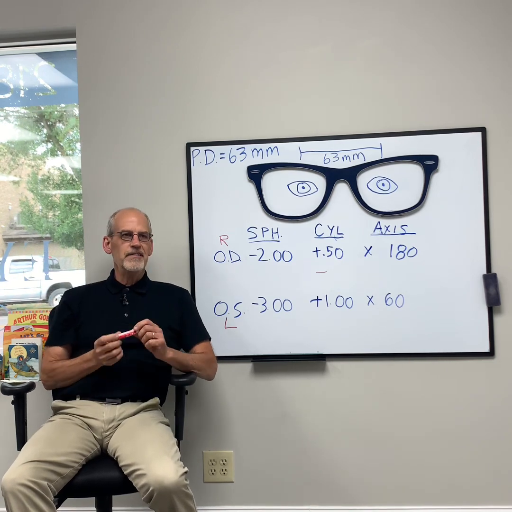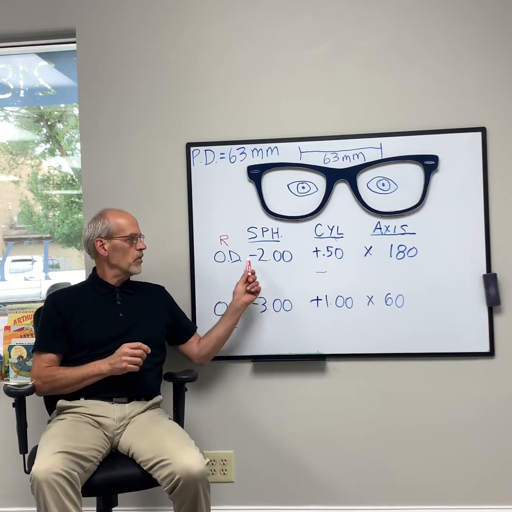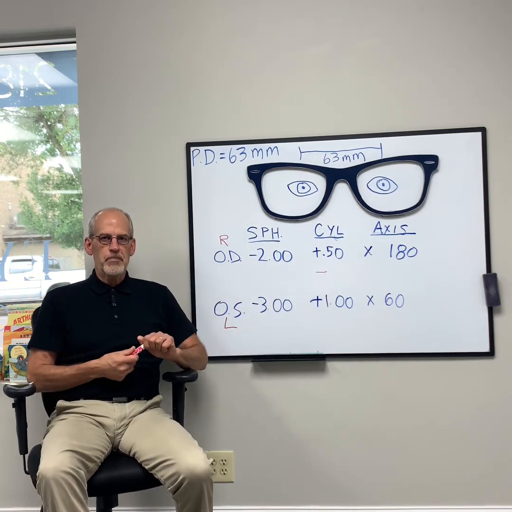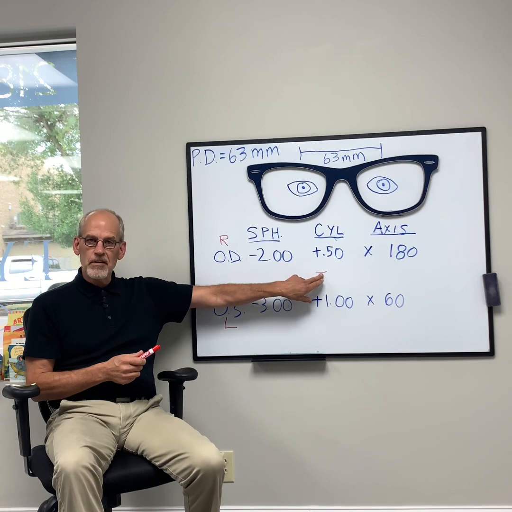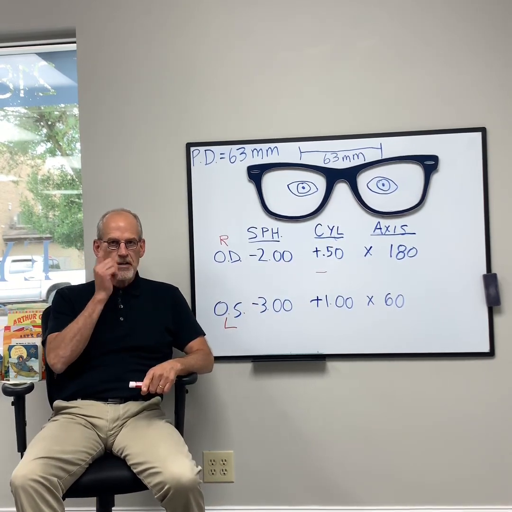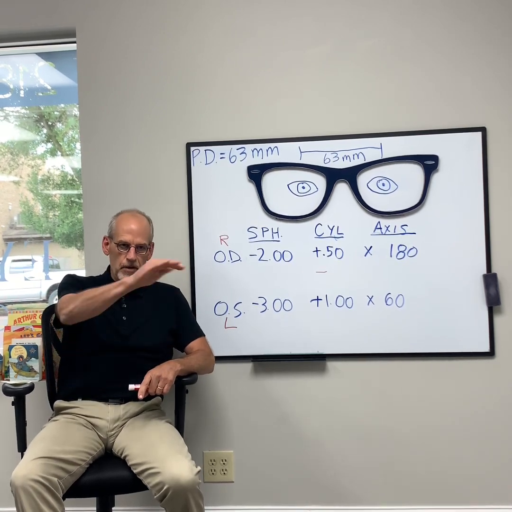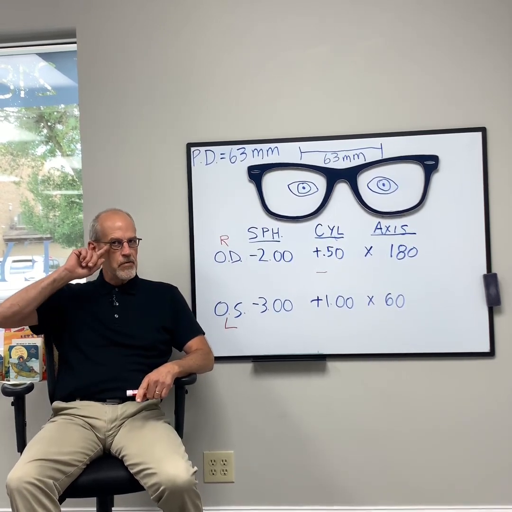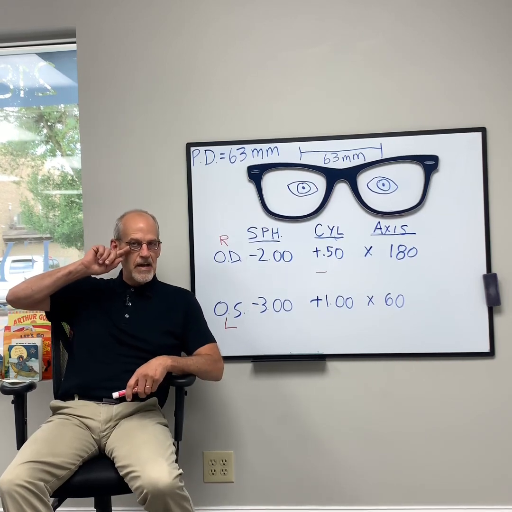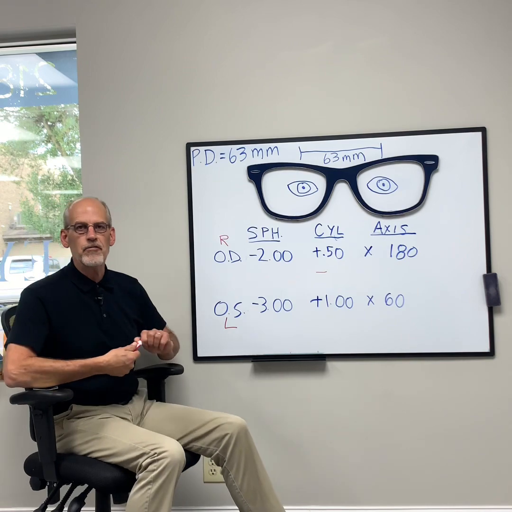So all contact lenses, all glasses are transposed. We're going to transpose this prescription into minus cylinder form because then we have that base curve on the front of the lens, the steepness of the front of the lens, and then we grind the prescription on the inside of the lens. So all glasses, contact lenses are made in minus cylinder form.